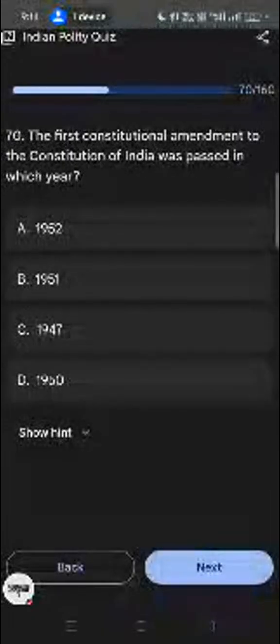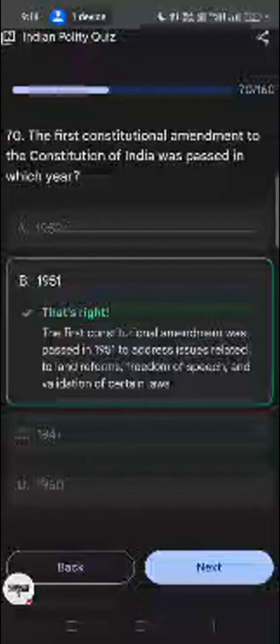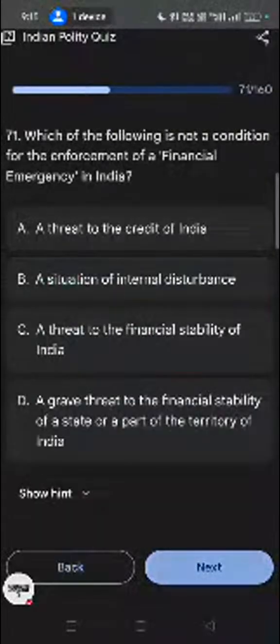The first constitutional amendment act was passed in which year? The first constitutional amendment was passed in 1951, related to land reform, freedom of speech and validation of certain laws. Which of the following is not a condition for the proclamation of financial emergency?